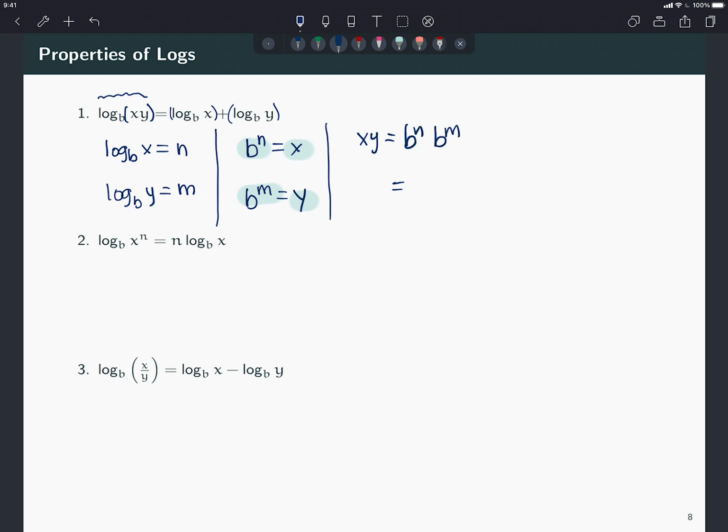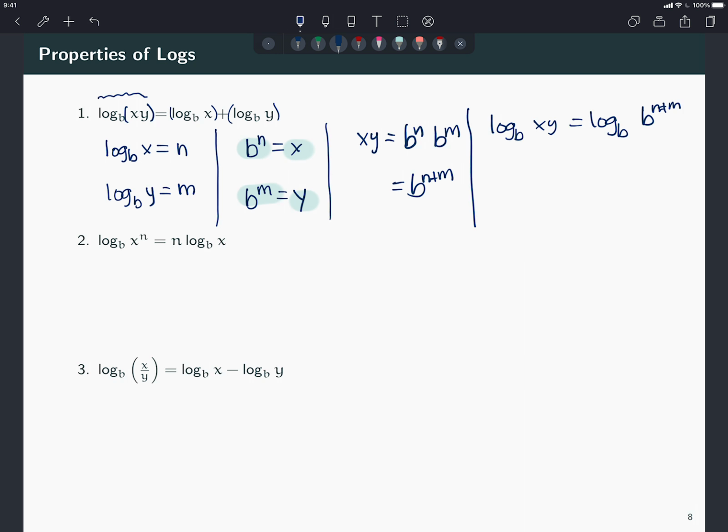This is the same, by the properties of exponents, as b to the power of n plus m. Now, if I wanted to find the log base b of the quantity x times y, well, that's the same as the log base b of b to the power n plus m, right?